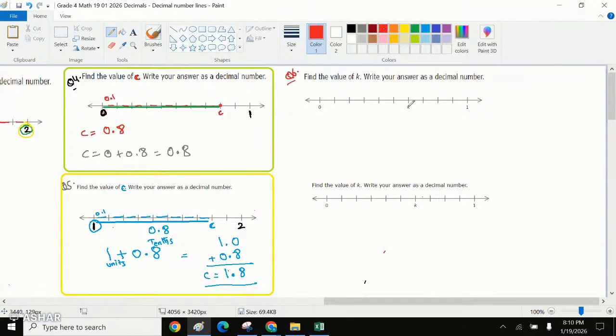They are asking us to find the value of K. We need to see it starts at 0, goes till 1, right? How many intervals are there? 1 interval, 2, 3, 4, 5, and 6. If each interval was 0.1, because 1 is divided into 10 gaps, we know that 1 upon 10 is 0.1.